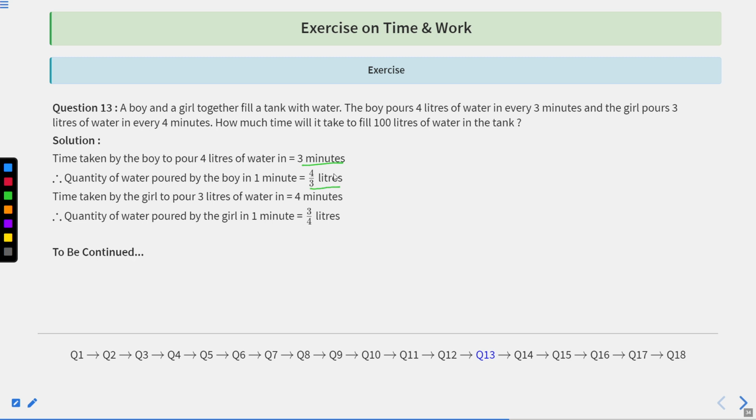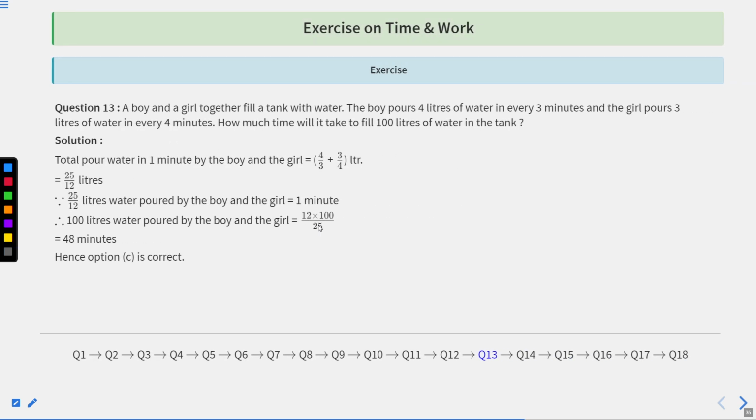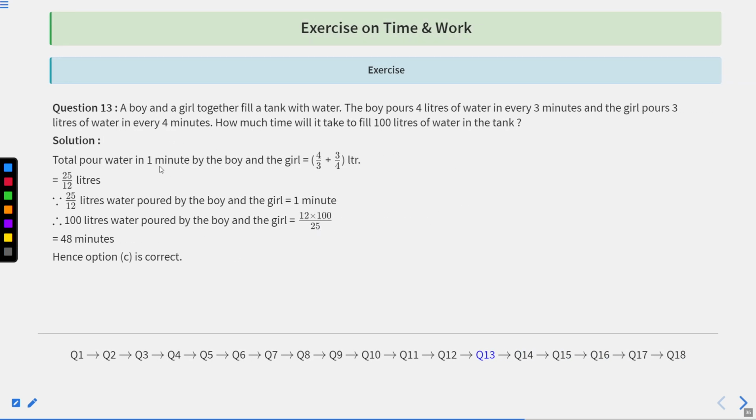Correct? And the time taken by the girl to pour 3 liters of water is 4 minutes. That is given in the question. So the quantity of water poured by the girl in 1 minute will be 3 by 4 liters. So the total water poured in 1 minute by the boy and the girl is 4 by 3 plus 3 by 4 liters.